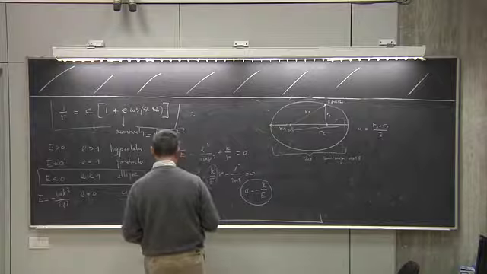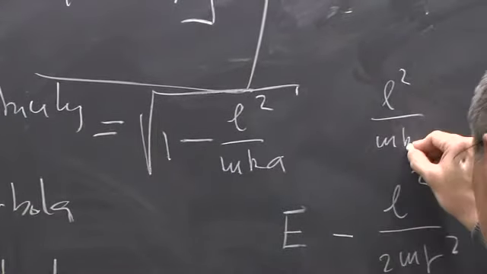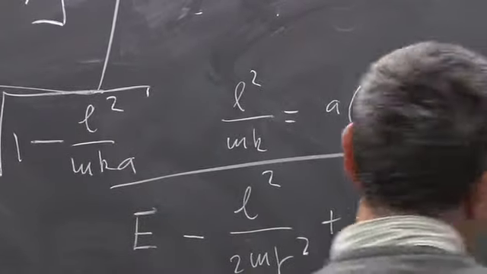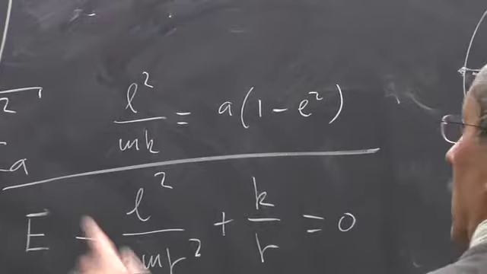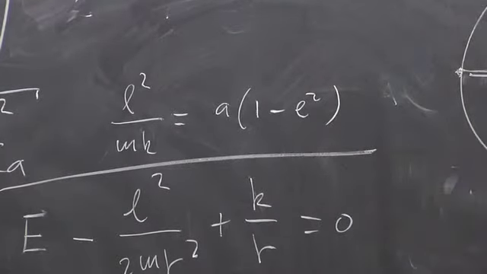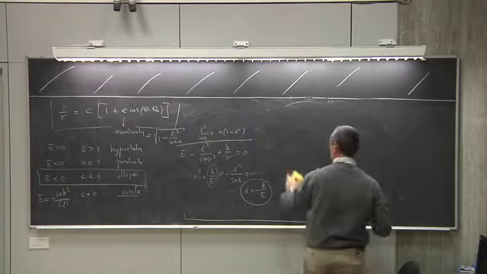Okay? And that means that L squared over mk is equal to A(1 minus e squared). So now I can rewrite the equation of the ellipse all in terms of geometrical quantities. That is what I want to do.